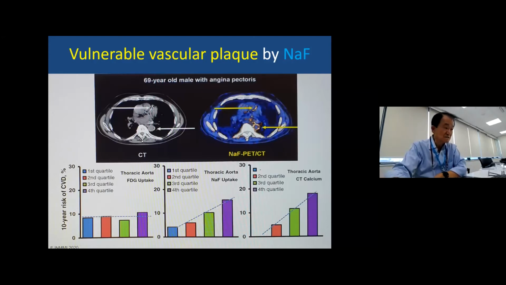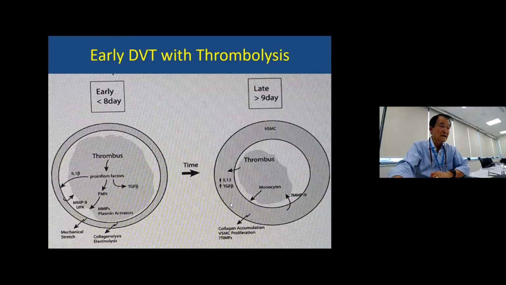The mechanism is still unclear, but it has been shown to have a certain relationship with the uptake of fluoride or phosphate and the aorta calcification amount.